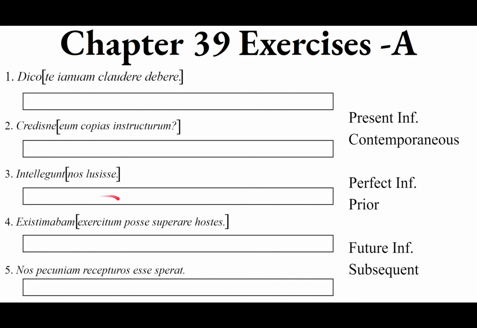I was thinking that I was supposing, we could just say, I supposed that the army, posse, being a present infinitive, shows an action which was contemporaneous with this past tense introductory head verb, meaning that the army was at that time when I was thinking about it in the past, contemporaneous to the introductory verb, able to defeat the enemy.